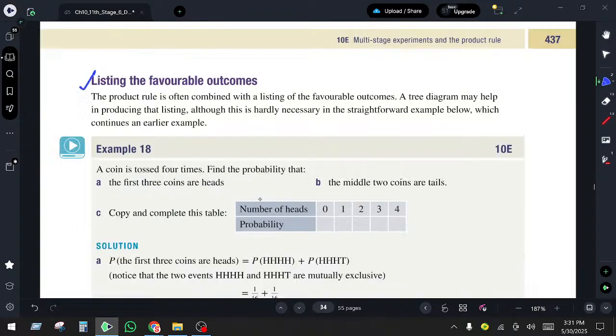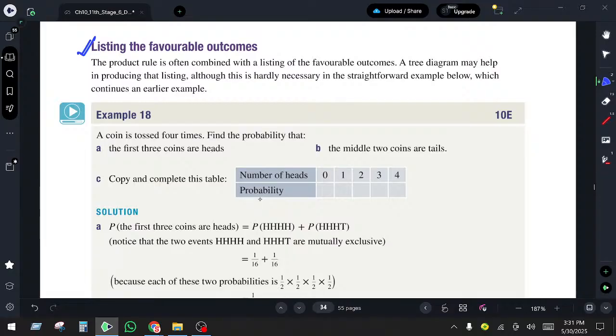सो नाउ अब ये देखो, ये और अच्छे से बनाया था। A coin is tossed 4 times. ठीक है, find the probability that first 3 coins are heads.